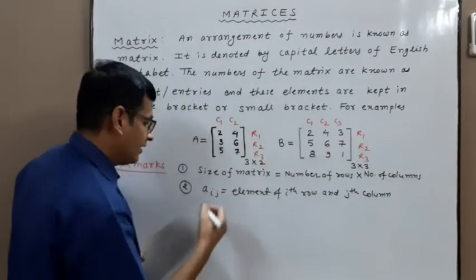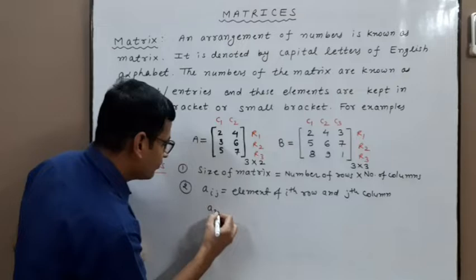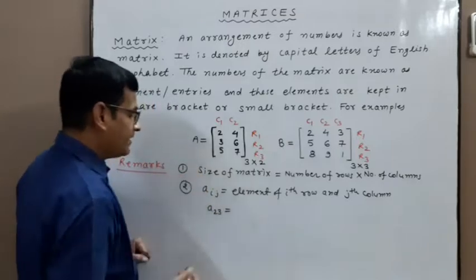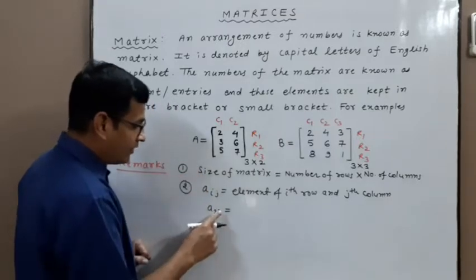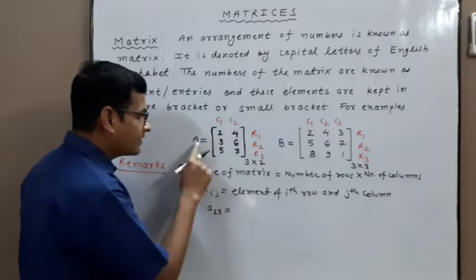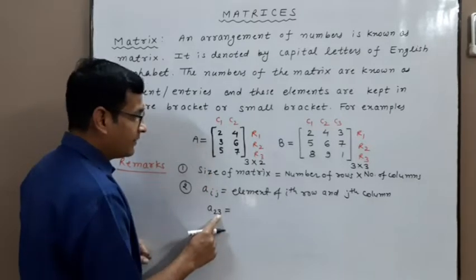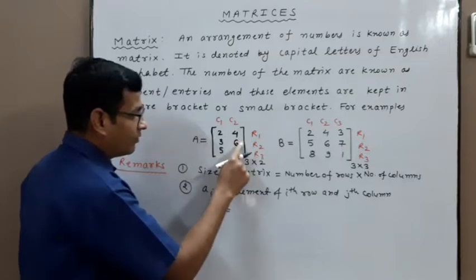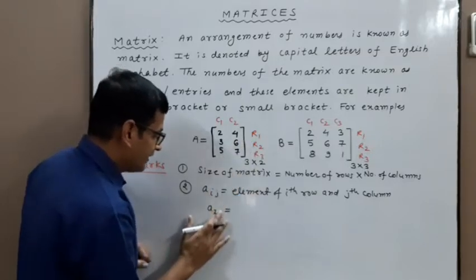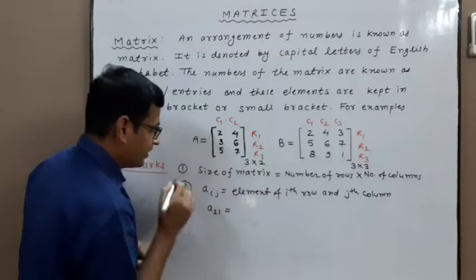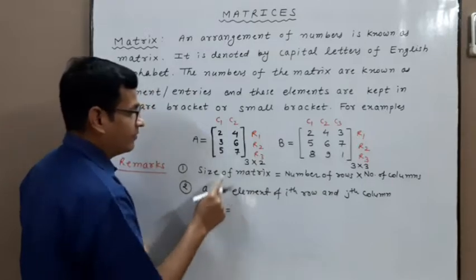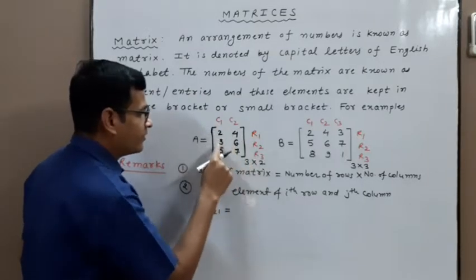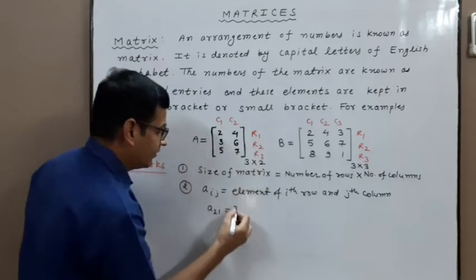For example, if I take A23, it means the element of second row and third column. If we take this matrix, then A23 represents second row. There is no third column, so I will take 1. Second row and first column. This is the second row, this is the first column, so 3.